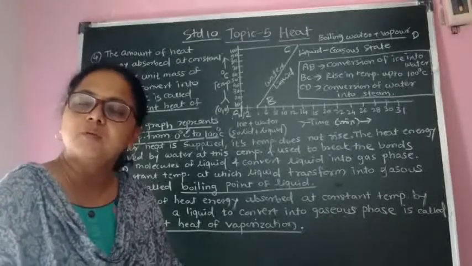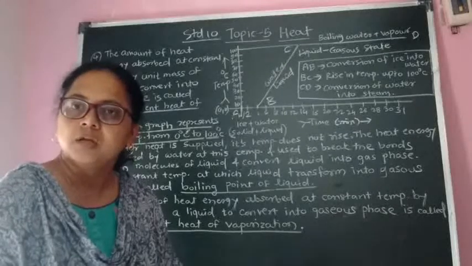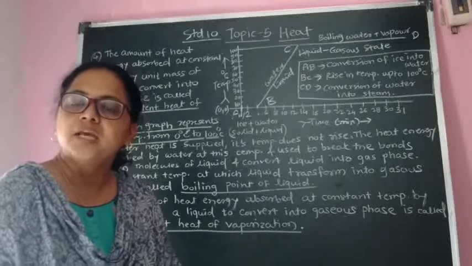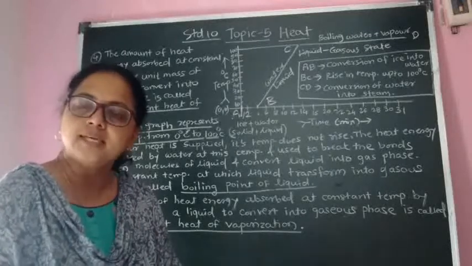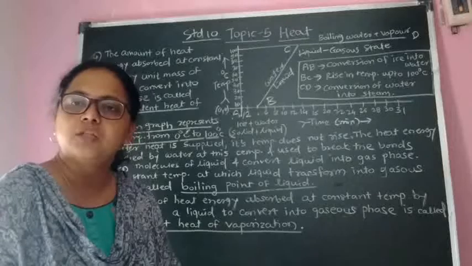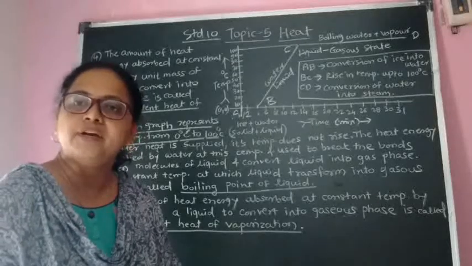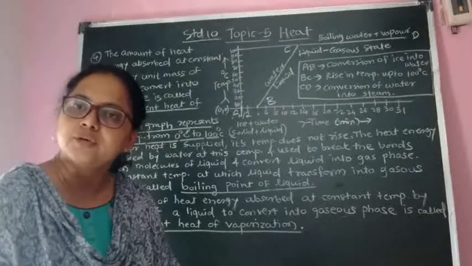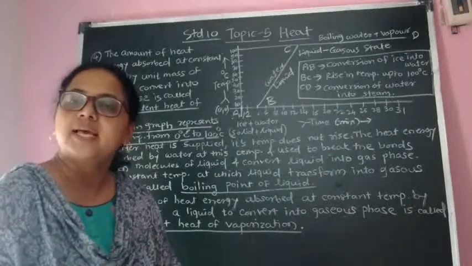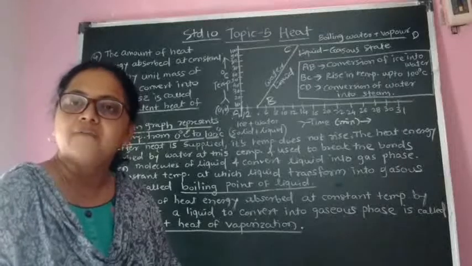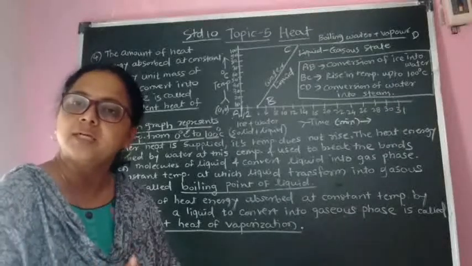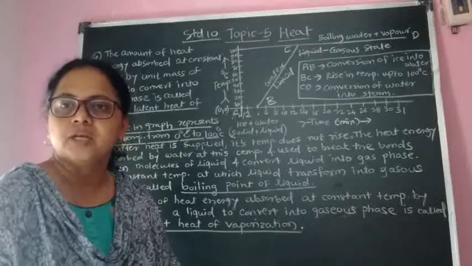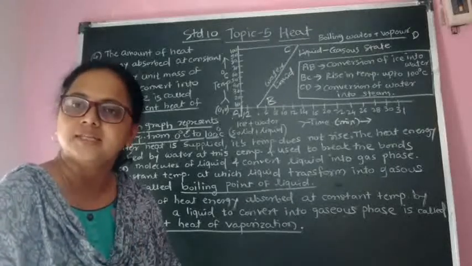To break the bond between them, the energy is supplied by the heat, and this heat energy is utilized by the water molecules to break the bond between them. When there is a breaking of bonds between the liquid molecules, it is converted into the gaseous phase. So after 100 degrees Celsius, when we supply the heat, the thermometer does not show a rise in temperature. It remains as it is, 100 degrees Celsius.